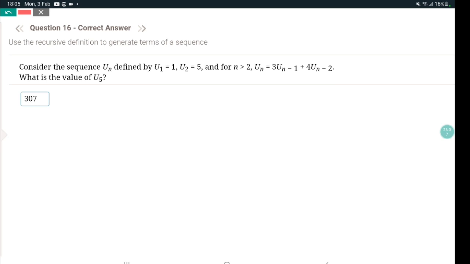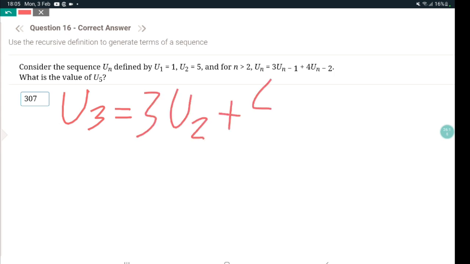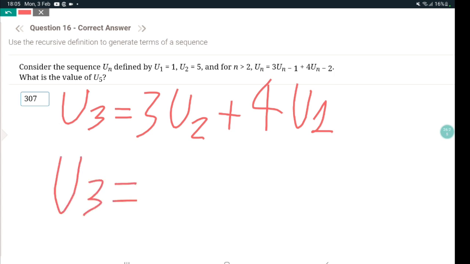Okay, so u3, I'll just rewrite the equation so we can see it while solving. This is our equation, and to find u3 we substitute u2 and u1 with their corresponding values.